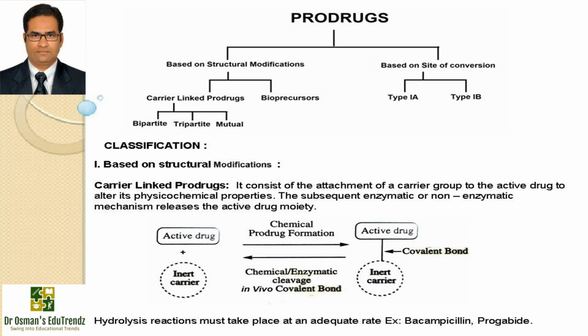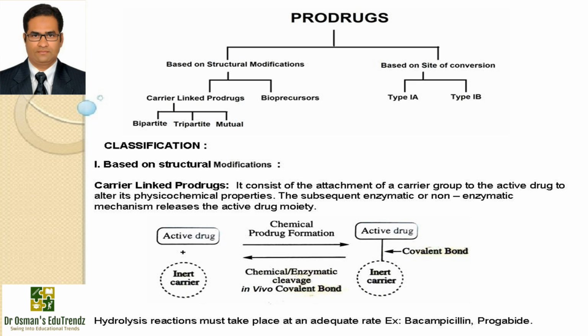The first type of classification based on structural modification is carrier linked prodrugs. Carrier linked prodrugs consist of the attachment of a carrier group to the active drug to alter its physicochemical properties. The subsequent enzymatic or non-enzymatic mechanism releases the active drug moiety.